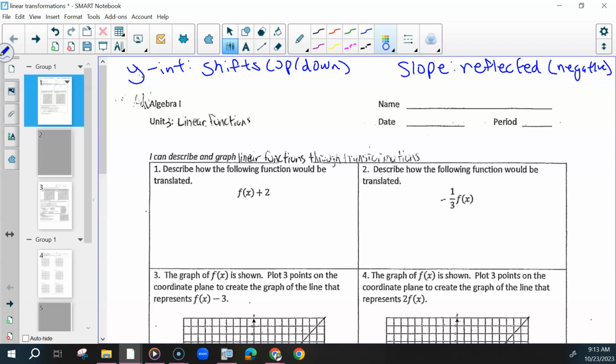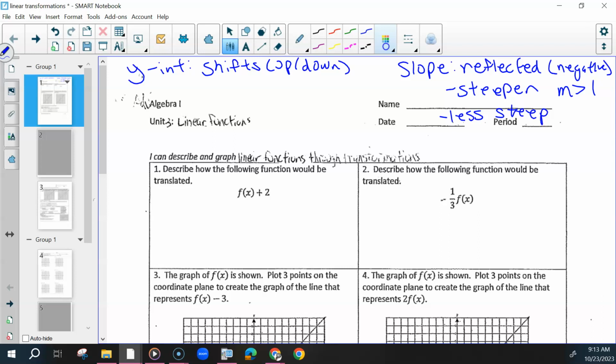All right, the other one dealing with slope is it could be steeper or less steep. If the slope is steeper, it's going to be some number greater than 1. So I'm going to put m greater than symbol 1. And we're going to go through some examples that look like that.